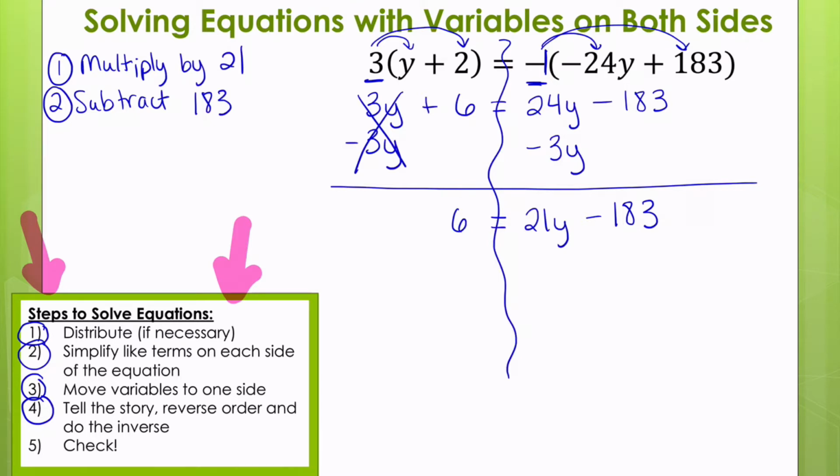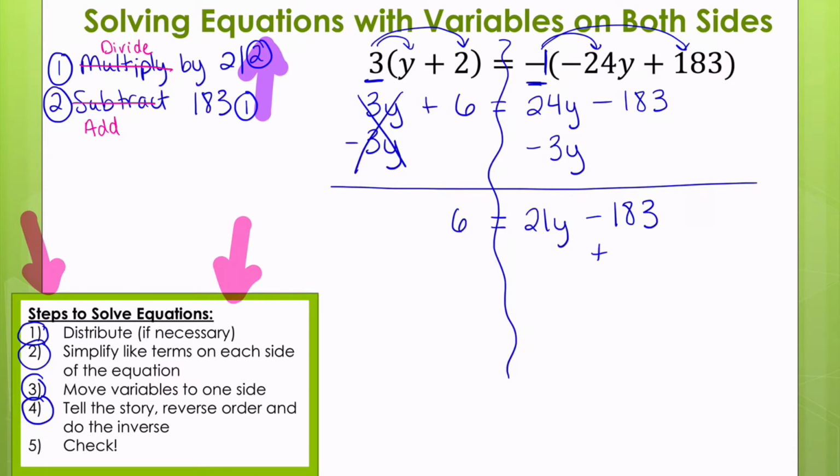So when I go to solve this, I'm going to reverse my story, and then I'm going to be doing the inverse. So instead of multiplying by 21, I'm going to be dividing by 21. Instead of subtracting 183, I'm going to add 183. So now I know that this becomes step 1 and this becomes step 2.